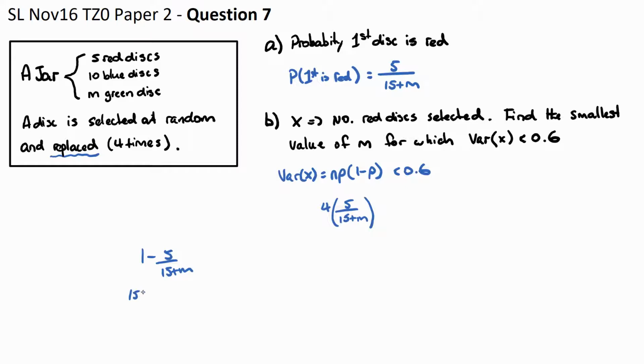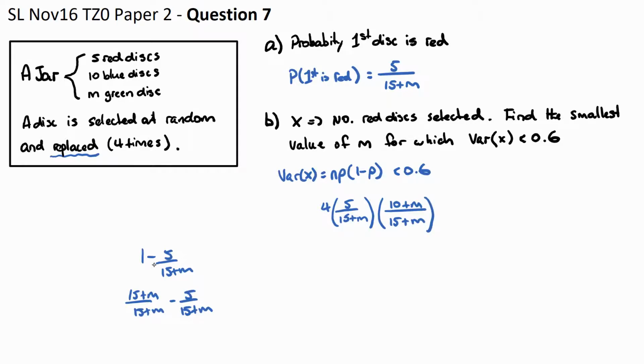So 15 plus m over 15 plus m minus 5 over 15 plus m. So this will just be 15 minus 5, which is 10. So 10 plus m over 15 plus m.